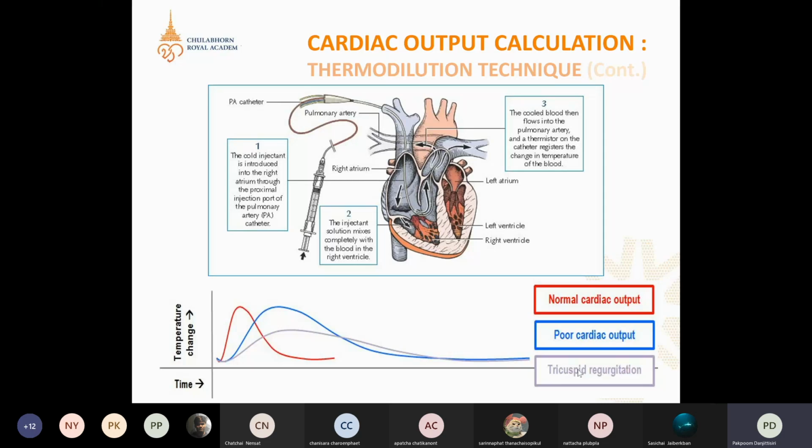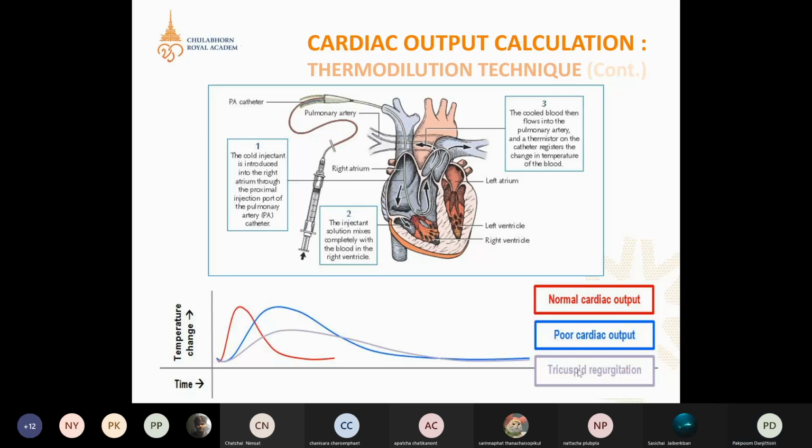After you inject the cold injectant solution inside the RV, if the patient has TR, the blood cannot only go through the pulmonary valve after the RV pumps blood out to the pulmonary artery, but there is some blood going back into the right atrium.